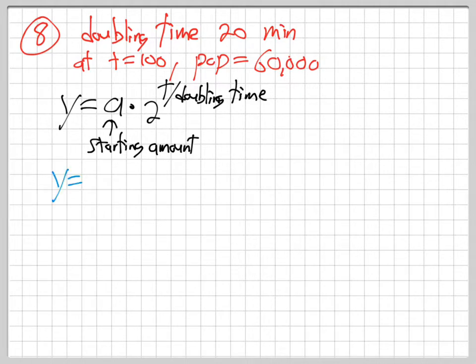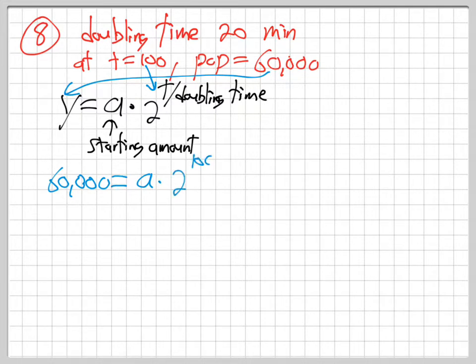They're telling me the amount y, 60,000, is the population when t is 100, and the doubling time is 20.